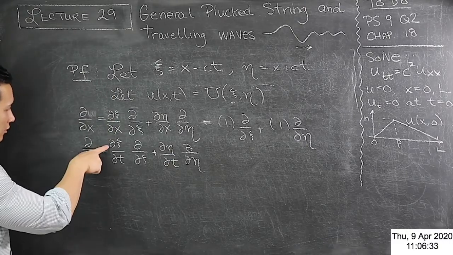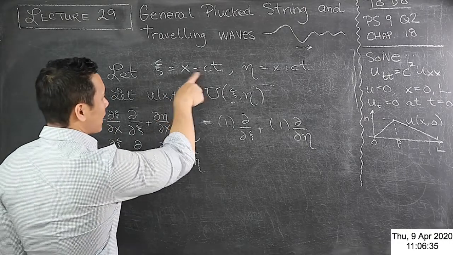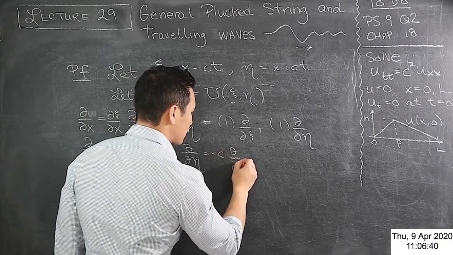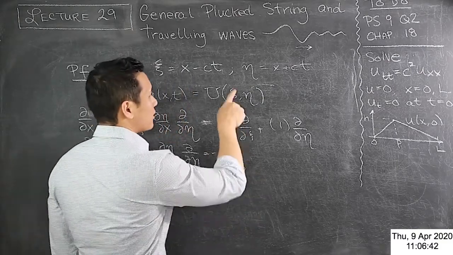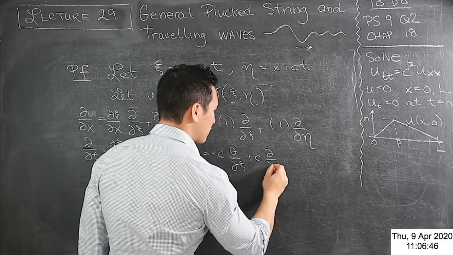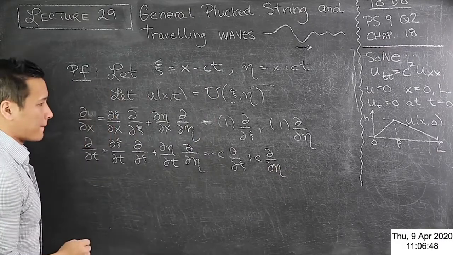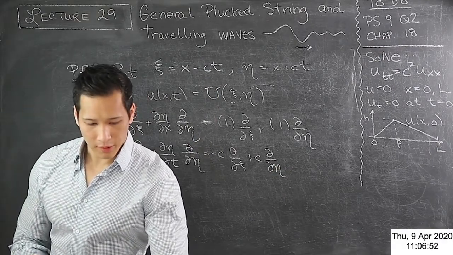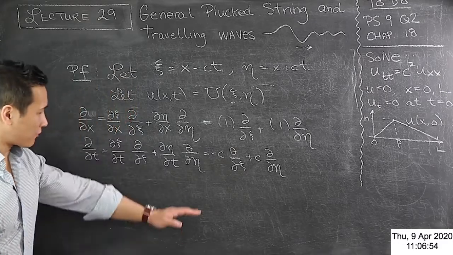Okay? So now the dc dt is a minus c. This is a minus c times d dc. And then d eta dt is a plus c times d d eta. Okay? Good. So you're halfway there.